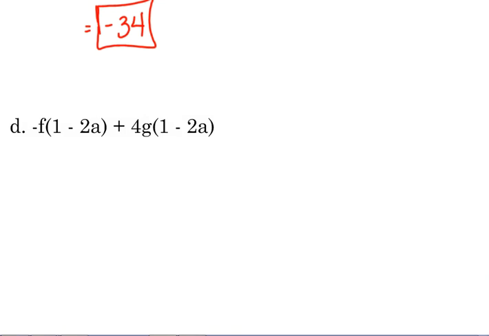Okay, so we've done just a general linear combination. We've evaluated a linear combination. Now this is going to be similar, but after we find our linear combination, instead of plugging in a number, we're going to plug in this expression. We're going to plug in this 1 minus 2a.